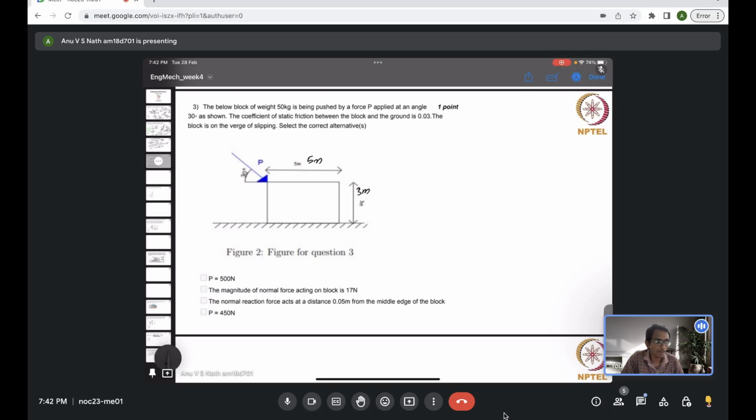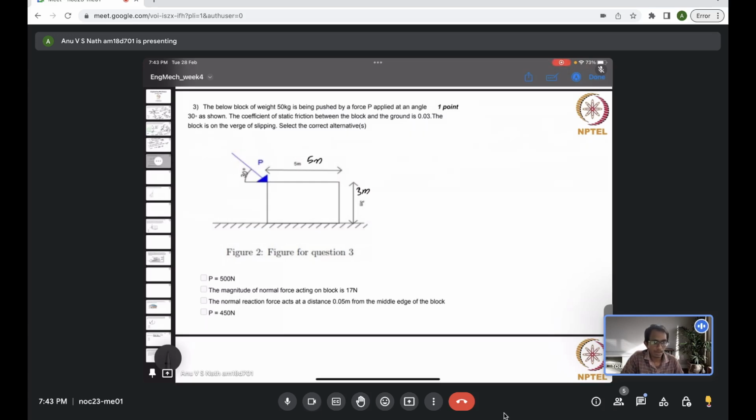If all the forces were passing through the centroid, then you really don't need to worry about the moment, because if you take the moment about the centroid and all the forces pass through it, there is no moment. What forces can act here? One is the weight, and another is the normal reaction, and they both pass through the centroid. The extra force is the external applied force P. If that also passes through the centroid, then no force creates a moment about the centroid.